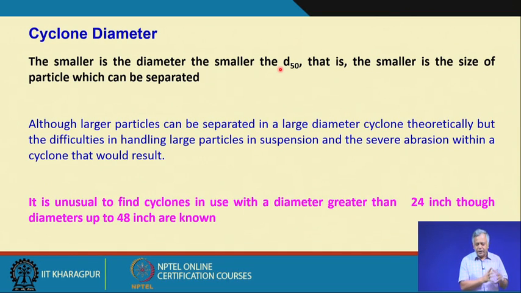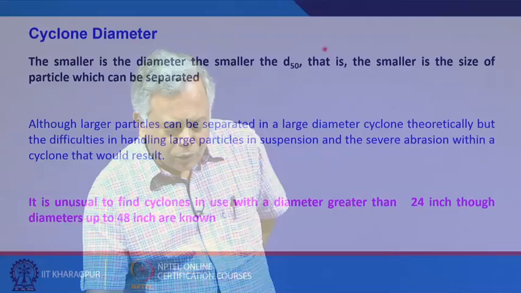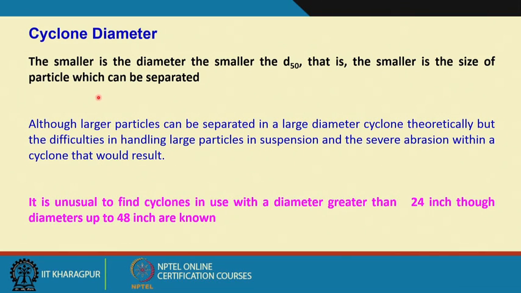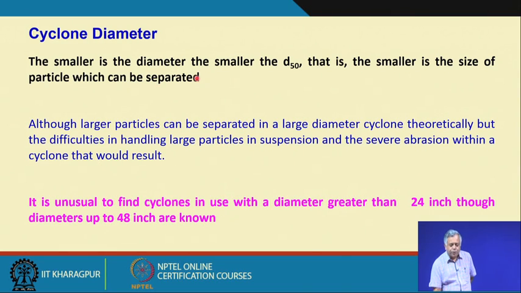So, when the diameter is bigger, your capacity per unit of the cyclone is more, and when the diameter is less, your per unit capacity is less. The smaller the particle which can be separated, the smaller the cyclone diameter you should have, because as I said, all your other design parameters are linked mostly with this cyclone diameter.